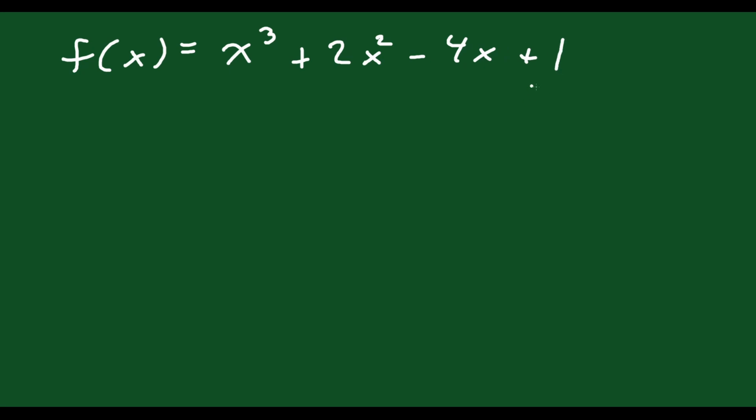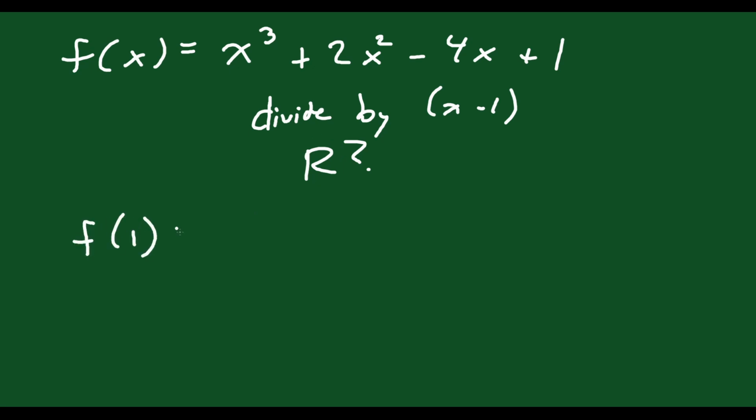What if we have f of x equals x cubed plus 2x squared minus 4x plus 1, and we're going to divide by x minus 1, and again they ask us what's the remainder. So all you do is you say f at 1 once again, and you get 1 cubed plus 2 times 1 squared minus 4 times 1 plus 1.